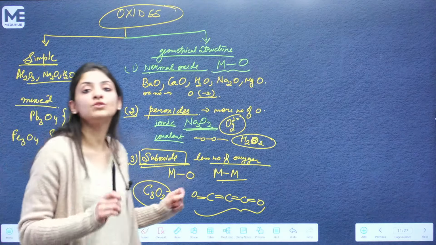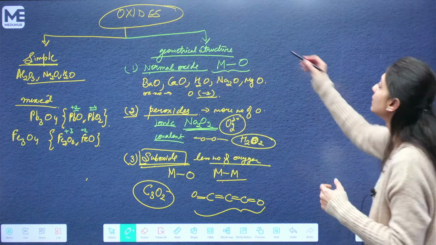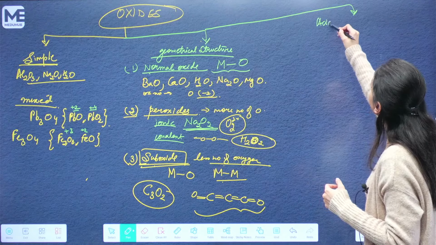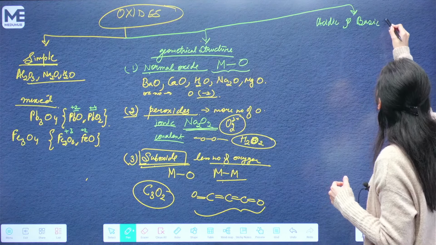The third and the most important classification, because it comes in every group, is the classification based on acidic and basic properties.